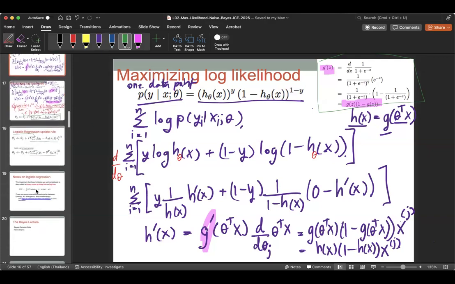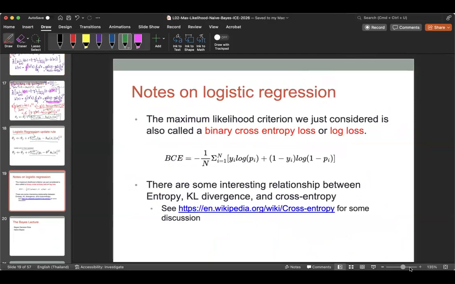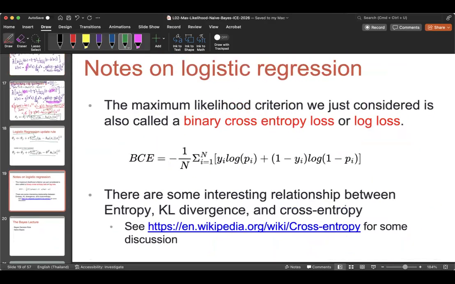And actually, there's a connection. Some of you might have heard of cross entropy loss in deep learning, right?